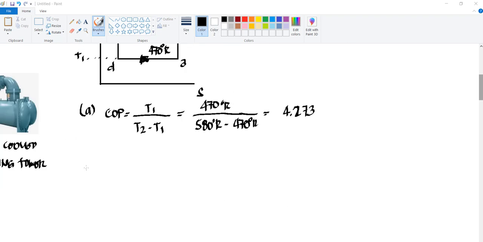Now for letter B, the heat rejected from the system in BTU. We know that our COP is equal to your Q absorbed divided by the work.